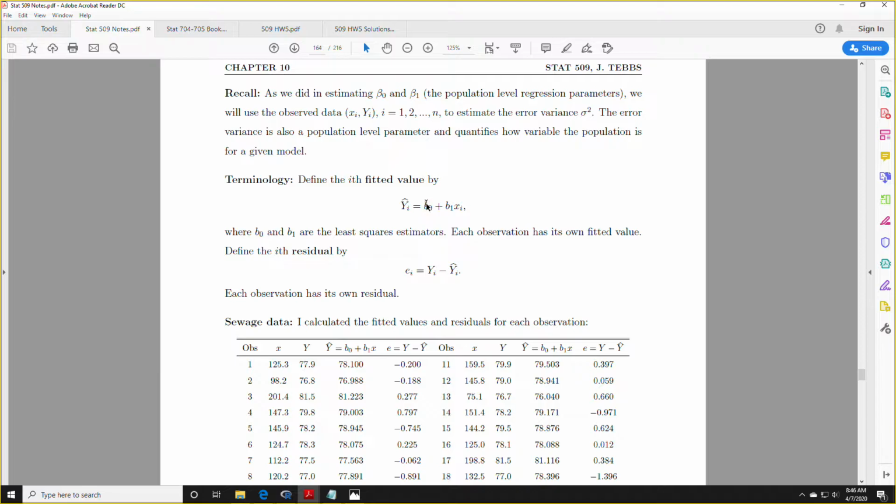Once we fit our line, our estimators are known values, so we stick in the x value that corresponds to the y value here. Once we do that, our regression model spits out a predicted value of y. So a residual is nothing more than the observed value of y minus the predicted value of y from our model.